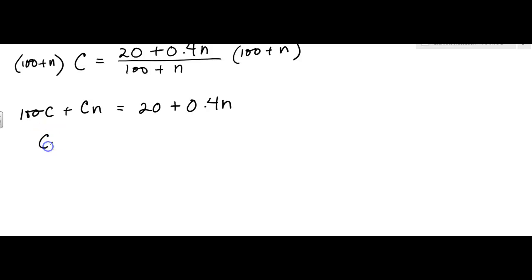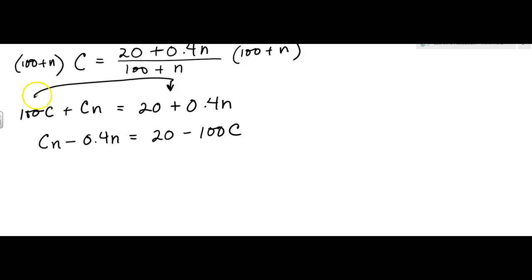So I'm going to write Cn minus 0.4n equals 20 minus 100C. Okay? So what I'm doing there is I'm taking the 100C over here, and I'm taking the n term to the other side.